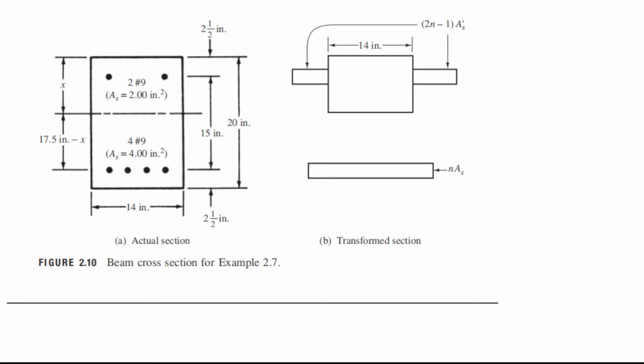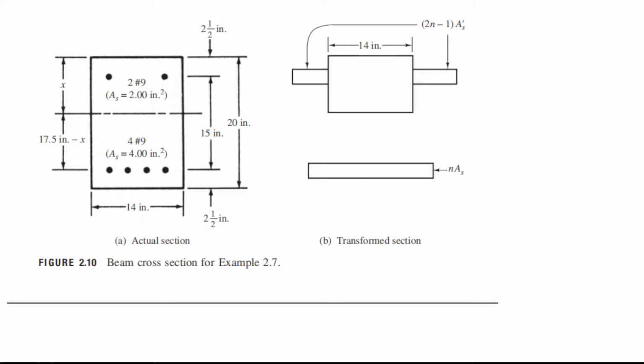So on the transformed section, the concrete participation is only on the compression side: 14 inches width, and we don't know the height, so we call it x. The area of participation of concrete is 14x, the cross-sectional area of concrete.